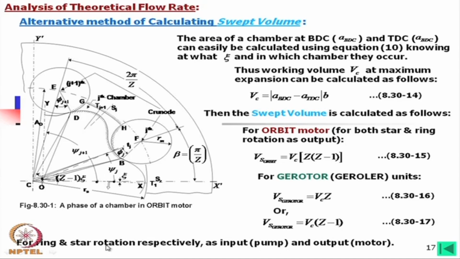Whereas, if the ring is rotating, then 7. I have mentioned 7 or 6: in that case z minus 1 and z. So, if we use it carefully, we can calculate the swept volume of the gerotor, depending on which one is the output.